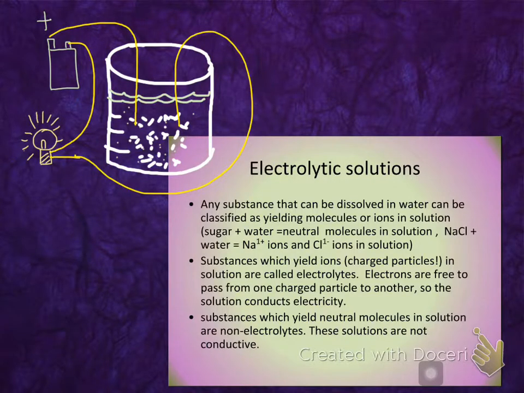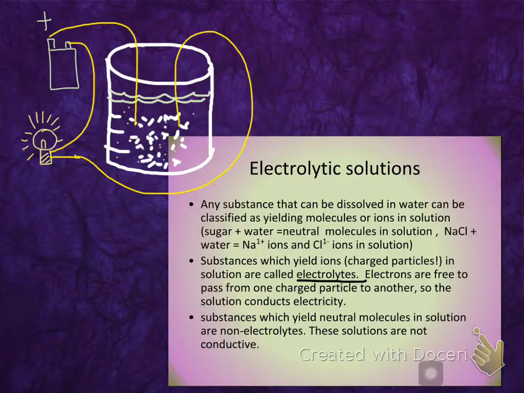Not all things that can be dissolved in water will conduct electricity. Sugar, for instance, will just yield neutral molecules in a solution, like your pitcher of Kool-Aid. Add salt to it, however, and you can cook. When we have a substance that breaks down into ions or charged particles in the solution, those are called electrolytes, just like they advertise being in Gatorade.